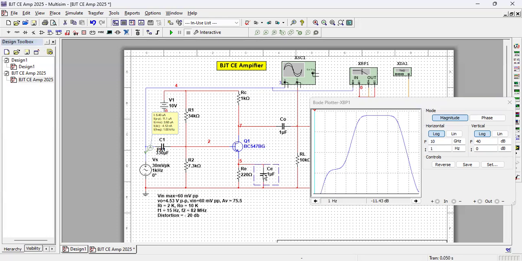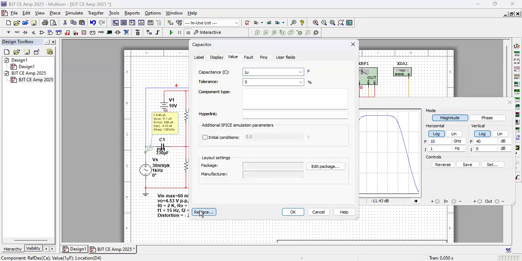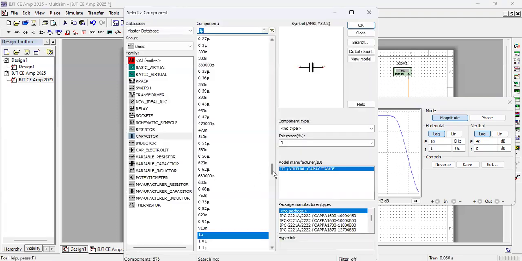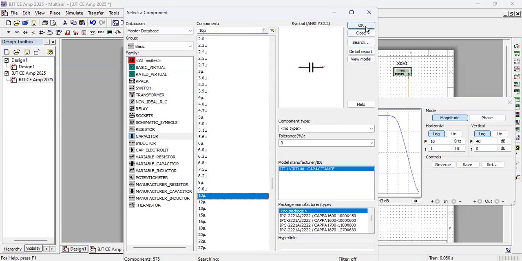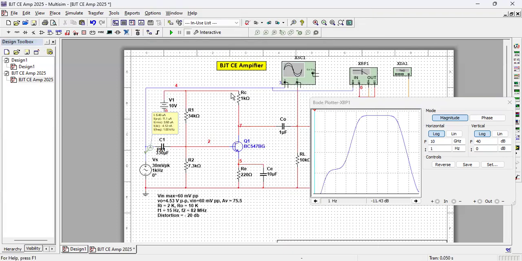Let me make it 10 microfarad. See, it is a little better. Still not very good.